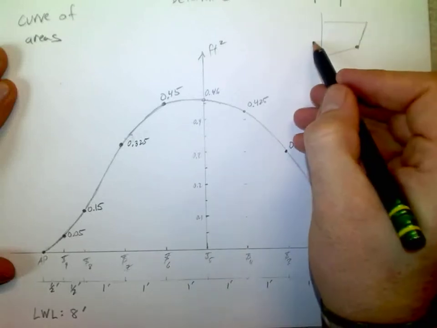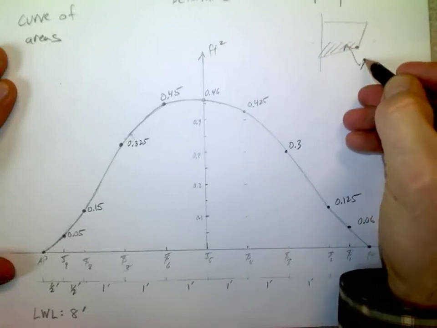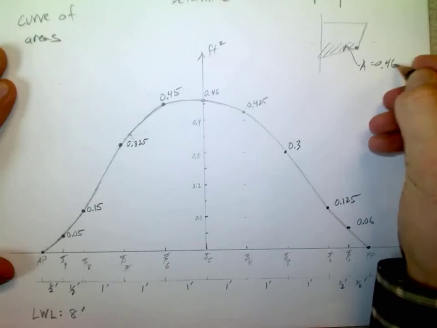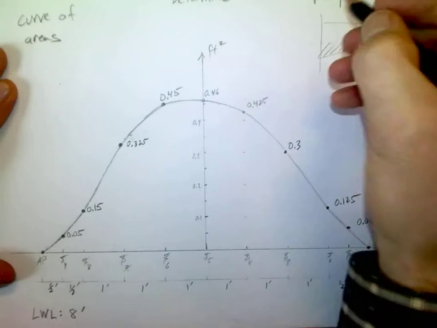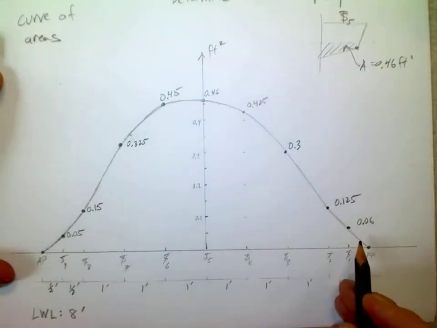And perhaps the waterline goes like this, and I calculated this area to be 0.46 feet squared, and that would be this value here, and so on. So I did that for all of the stations.